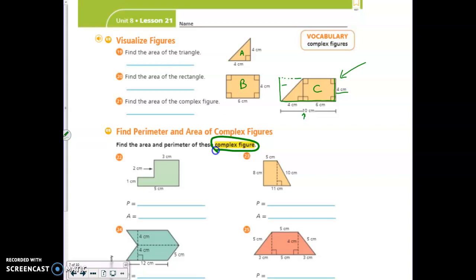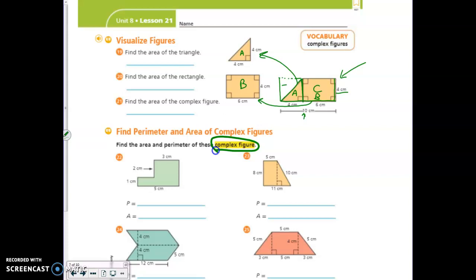What the book is suggesting right now is that we find a natural breaking point, a spot at which we can easily break this up into two shapes. Here you can see we have triangle A, and here you can see we have rectangle B. So they have broken that apart for us, and then we simply need to find the area of each of those shapes and combine it back together.